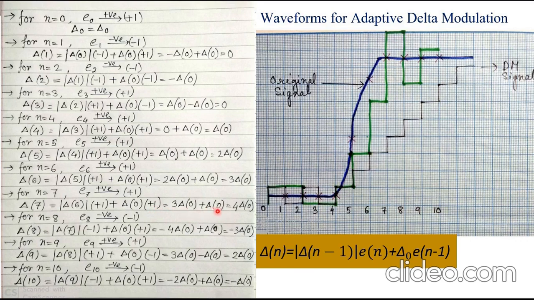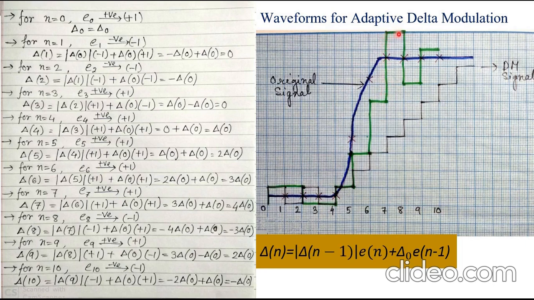So the result will be 4 delta 0. So here when you send signal, there will be step size, which is 4 delta 0, and it will reach up to this, because for n equal to 7, it will be 4 delta 0, so it will reach the fourth step up to this, and this is what for 4 delta 0 step size.